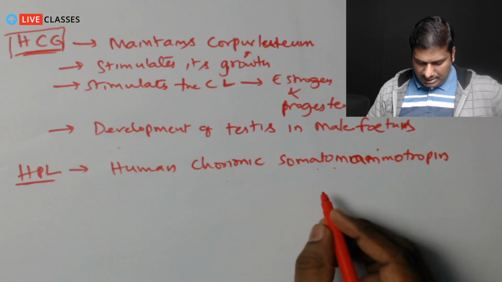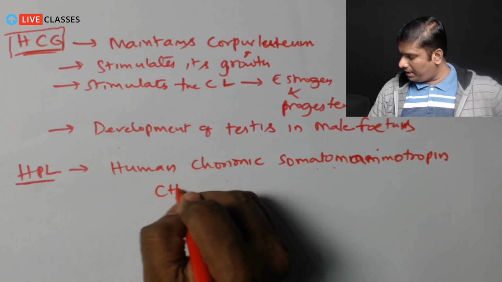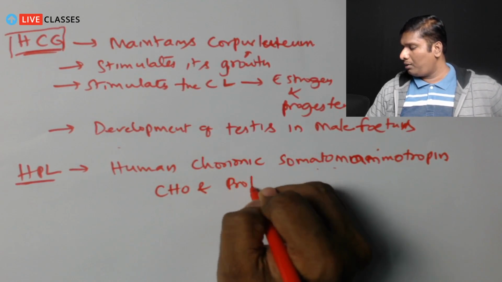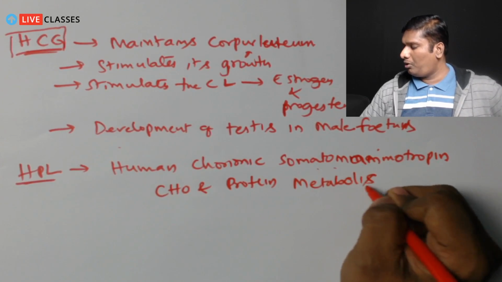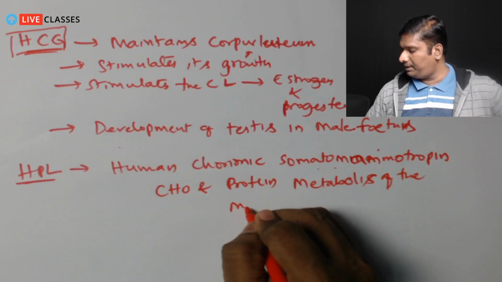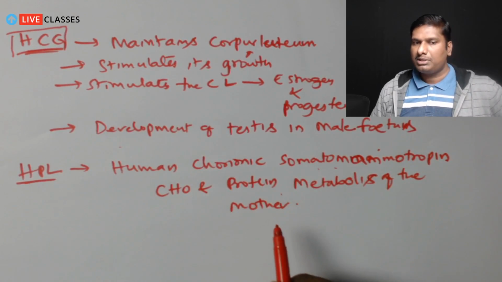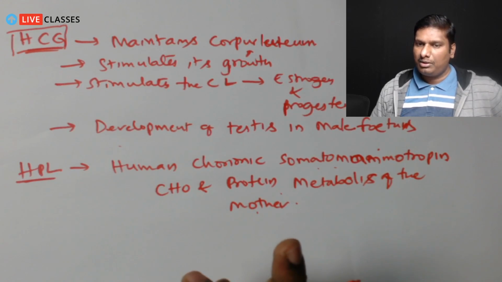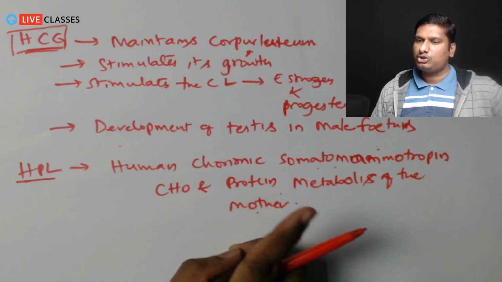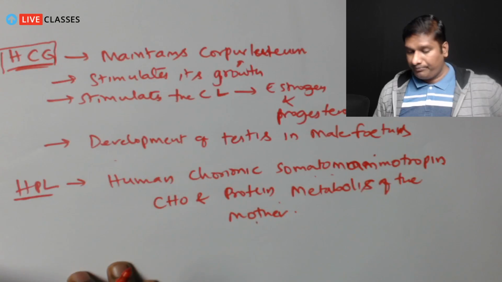This is responsible for the carbohydrate and protein metabolism of the mother. The mother's carbohydrate and protein metabolism is regulated by human placental lactogen, or human chorionic somatomammotropin, and this is also produced by the placenta.